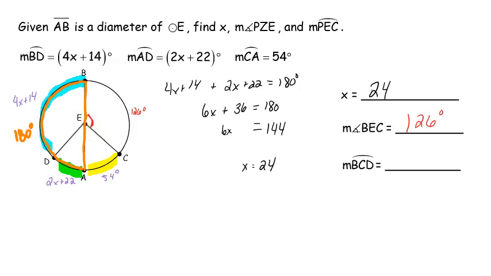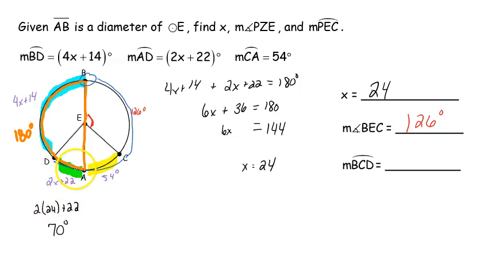At this point, to find the measure of arc BCD, that means start here at B, go through C, all the way to D. The fastest way to do this is, well, I now know that x is 24, so I can take 2 times 24 plus 22, 48 plus 22, I get 70 degrees.